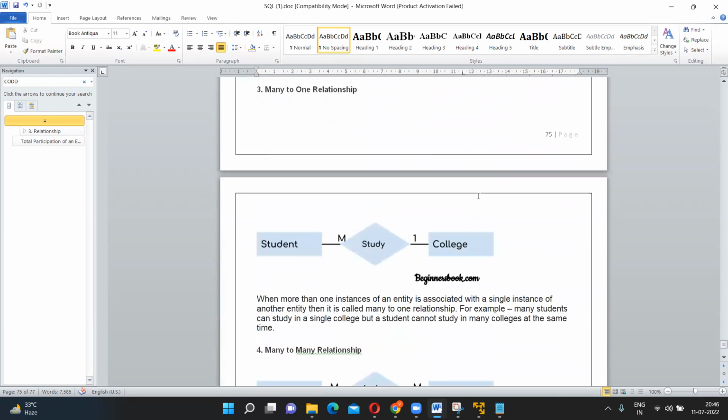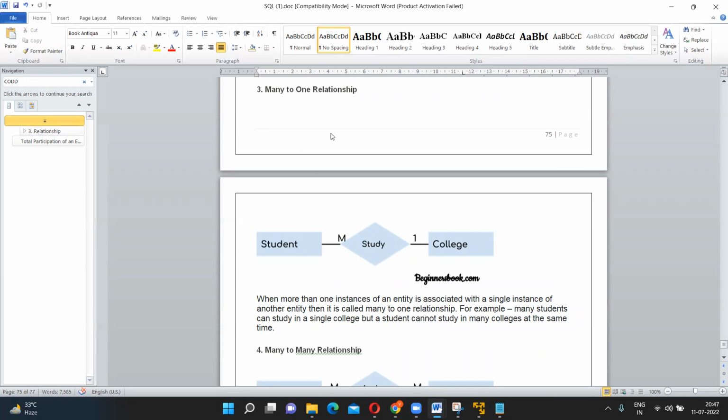Many-to-one, guys, what? See, many students can join a particular college. When more than one instance of an entity is associated with a single instance of another entity, then it is called many-to-one. For example, many students can study in a single college, but a student cannot study in many colleges at the same time.